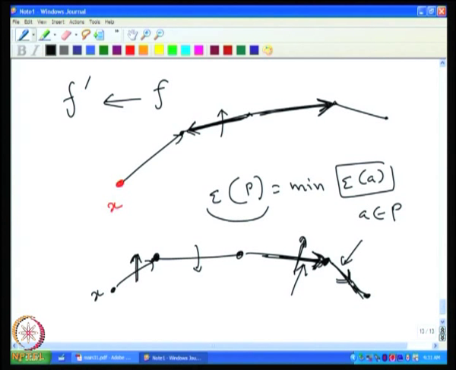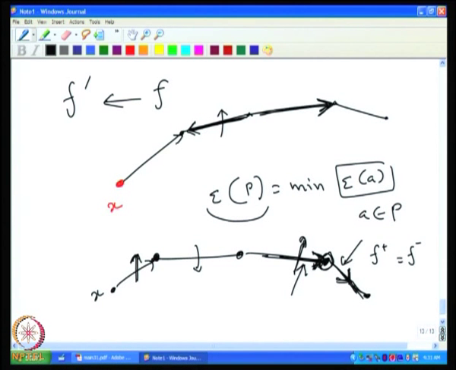Some incoming edge got an increment, and an outgoing edge also got the same increment. Therefore, f plus will remain equal to f minus for that particular vertex, so the conservation constraint will not be lost, and we were careful not to violate the capacity constraint.